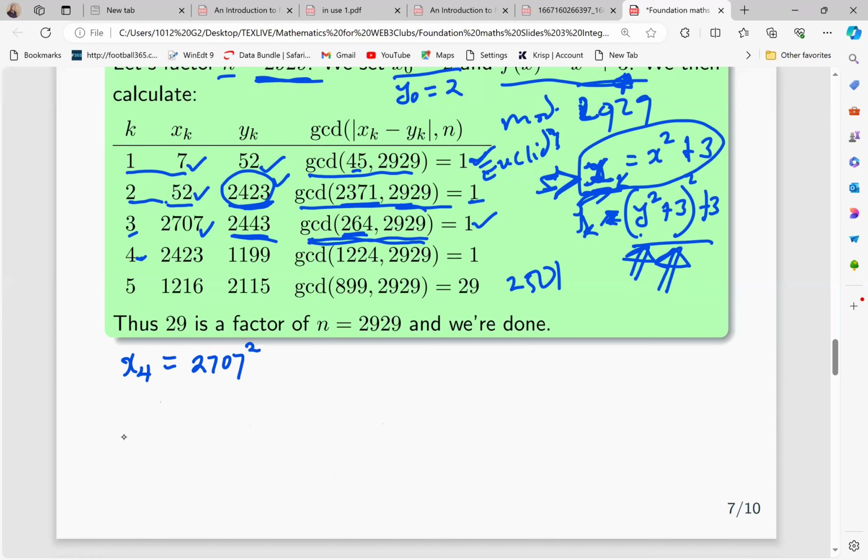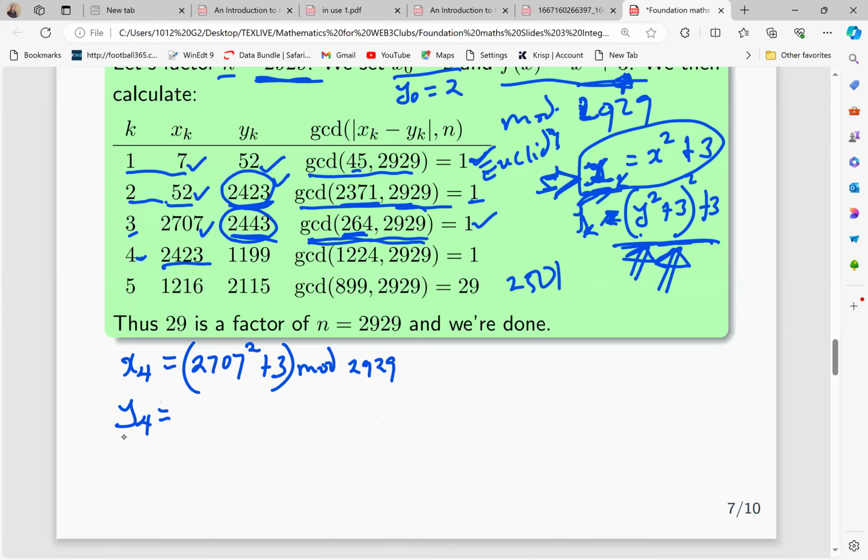We are squaring it, adding 3 to the result, then reducing mod 2929. When you do this, you'll get 2423. And let's get Y4. For Y4, you're using Y3, substituting the value of Y3 in the equation of yk, which is here.